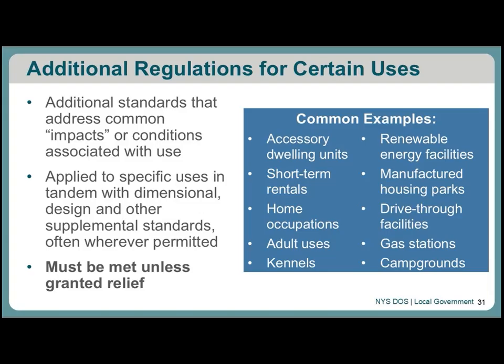So these additional regulations are sometimes not really that obvious, as Monica discussed a little bit earlier. Some zoning laws cross-reference additional regulations in the table of permitted uses or list the uses, but sometimes that's not really common. Sometimes these can be in their own chapter of the zoning law or part of a very large supplemental regulations chapter that covers all of the land use topics you might have.